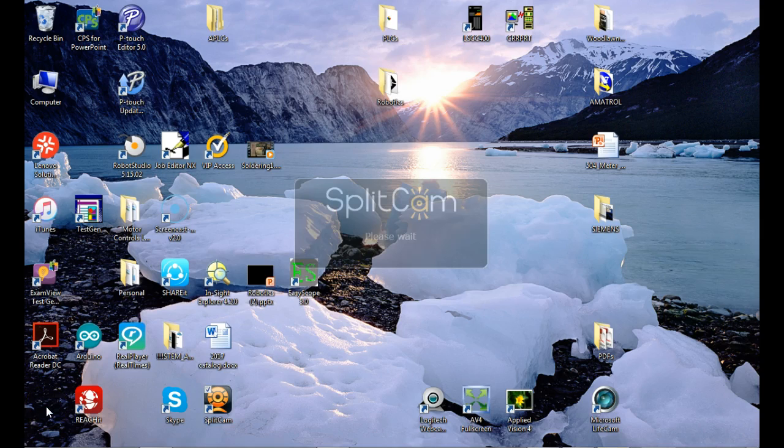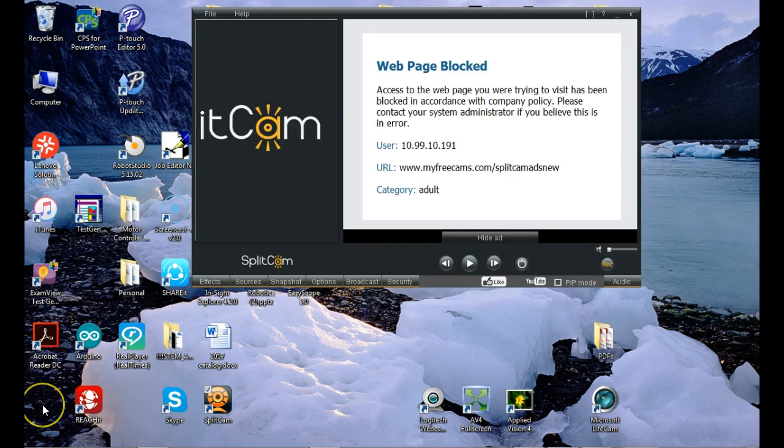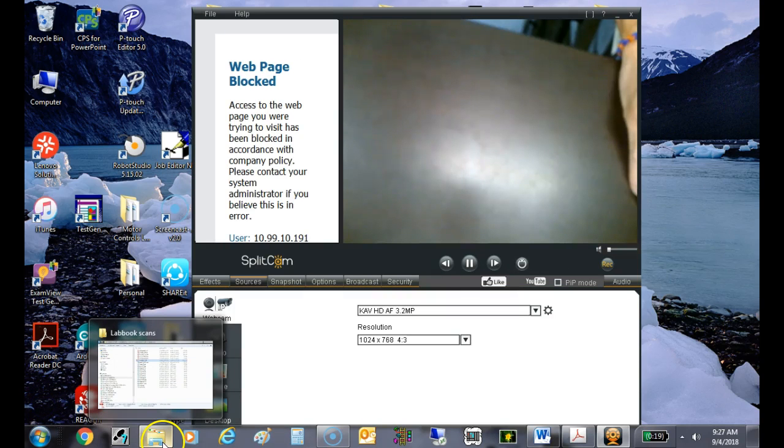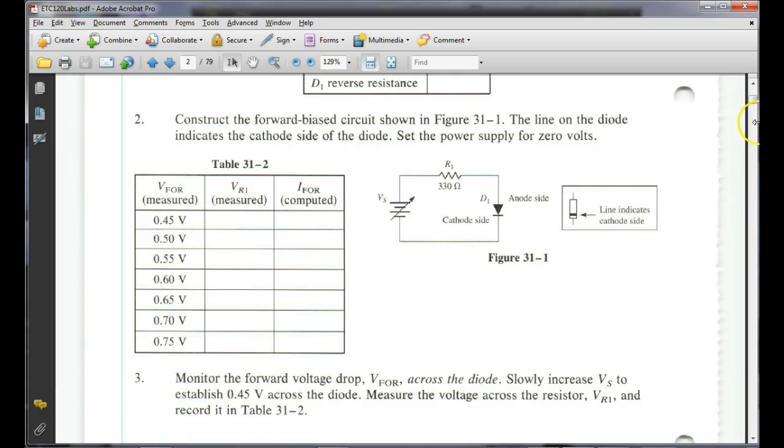Up until now, I think y'all mostly used the fixed voltage sources. So the problem we have is most DC voltage sources will not go down to 0. And you can see over here, we're going to measure the forward bias voltage across the resistor.